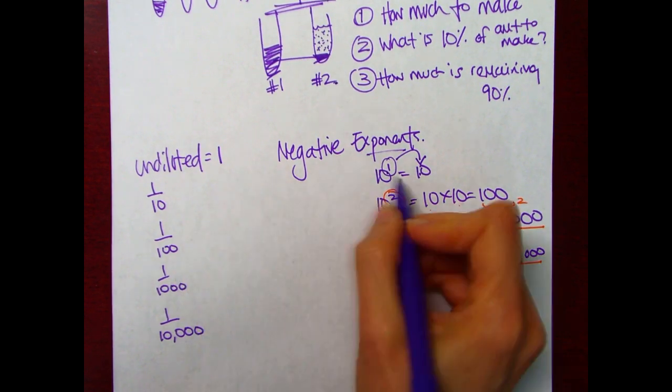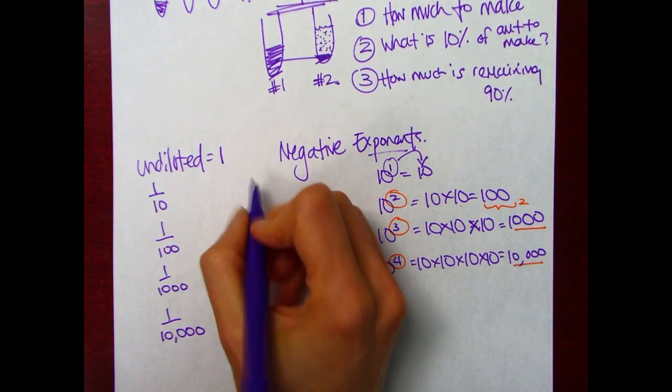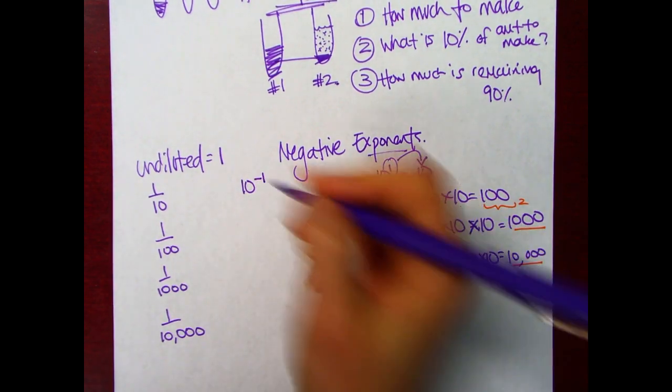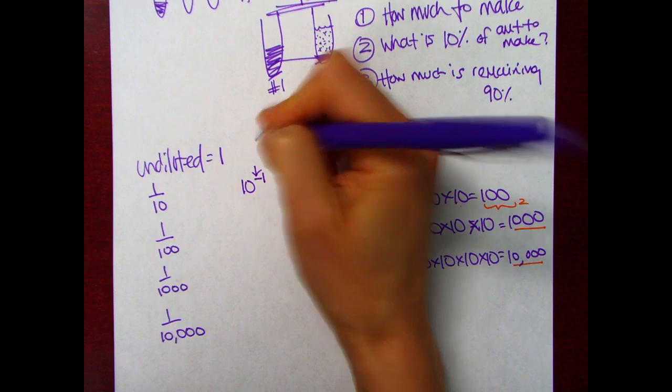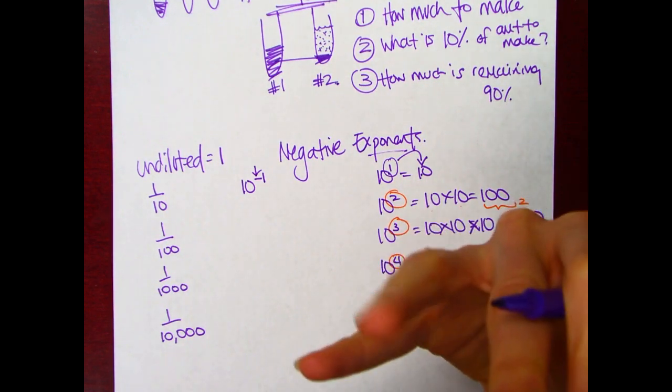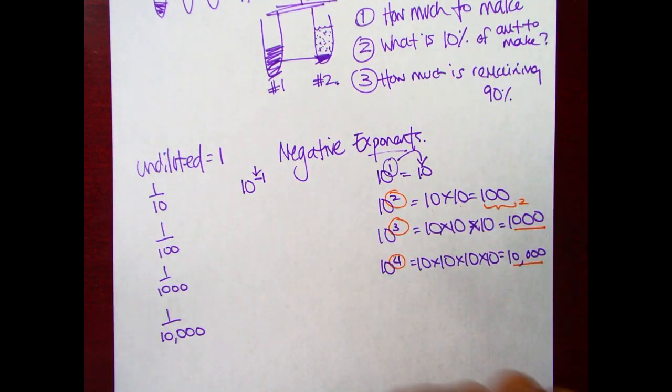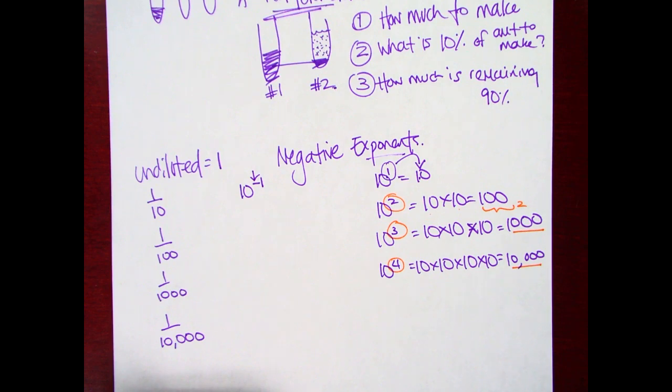If we've got 10 to the 1, we know that is 10. If we've got 10 to the minus 1, the minus tells us to put that number in the other part of a fraction. And you're like, hold up, there is clearly no fraction here. I think that you might be nuts. No. There is an imaginary fraction. I know, it's your favorite kind of fraction.